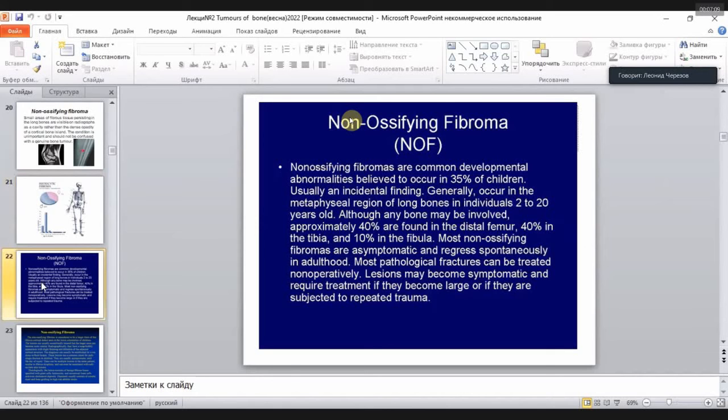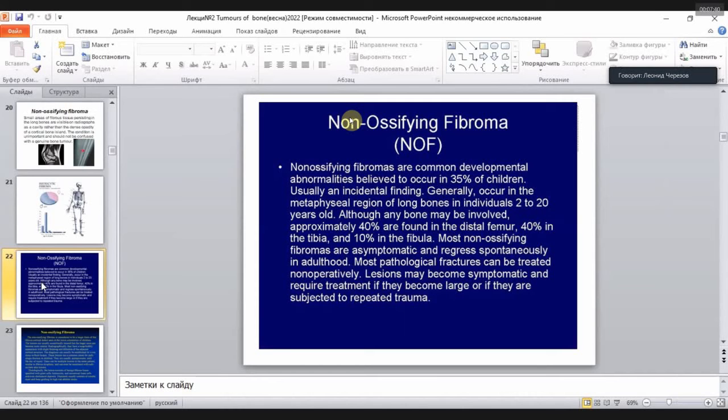Non-ossifying fibroma. Non-ossifying fibromas are common developmental abnormalities believed to occur in 35% of children, usually an incidental finding, generally occurring in the metaphyseal region of long bones in individuals 2 to 20 years old.